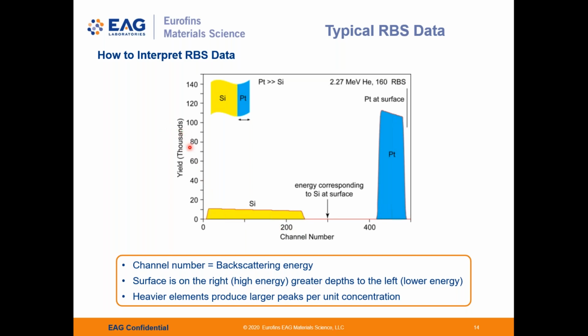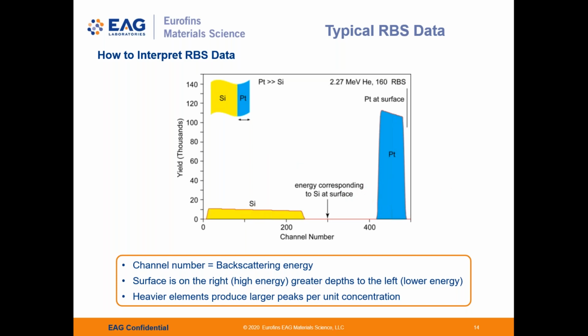The horizontal axis unit, channel, is in reference to the multi-channel analyzer hardware used to perform these counting statistics and the sorting out of the particles' energies. Since this is a simple film, there are only 2 features on this spectrum. The platinum feature is blue and the silicon feature is yellow.